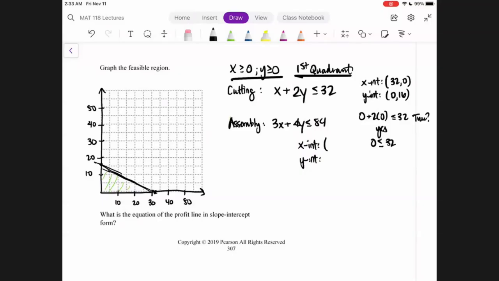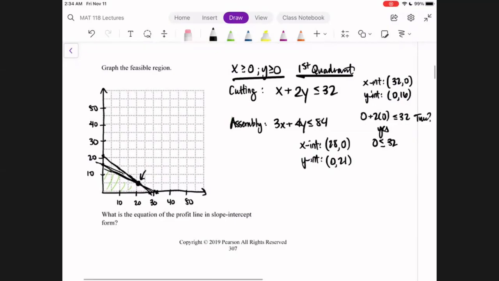Your x-intercept here will be 28, 0 and your y-intercept will be 0, 21. I'll do the y first. It's right here, and then the x is 28, so it's right here. So we see what happens: I'm going to cross. It looks like it's going to cross around here somewhere. We'll see on Desmos what a more accurate picture would be, but it should be around this. As I said, when you draw by hand, you might be a little off like I am.